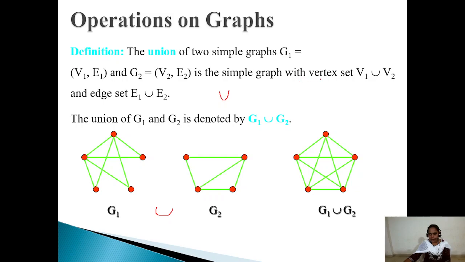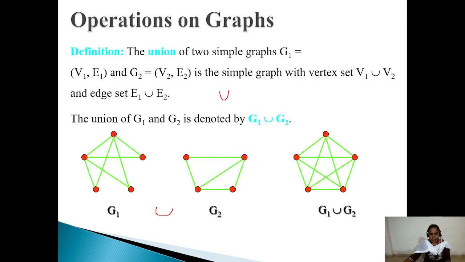G1 union G2 is the simple graph with vertex set V1 union V2 and edge set E1 union E2. So G1 union G2 combines the two graphs.